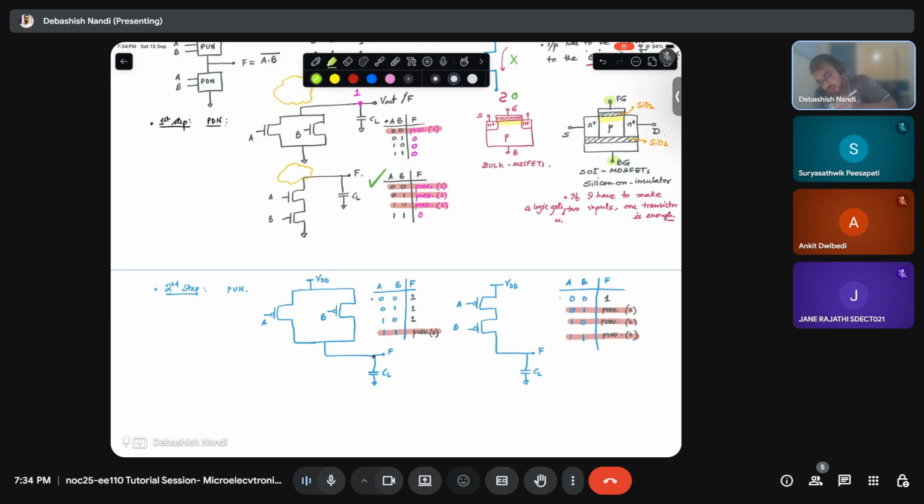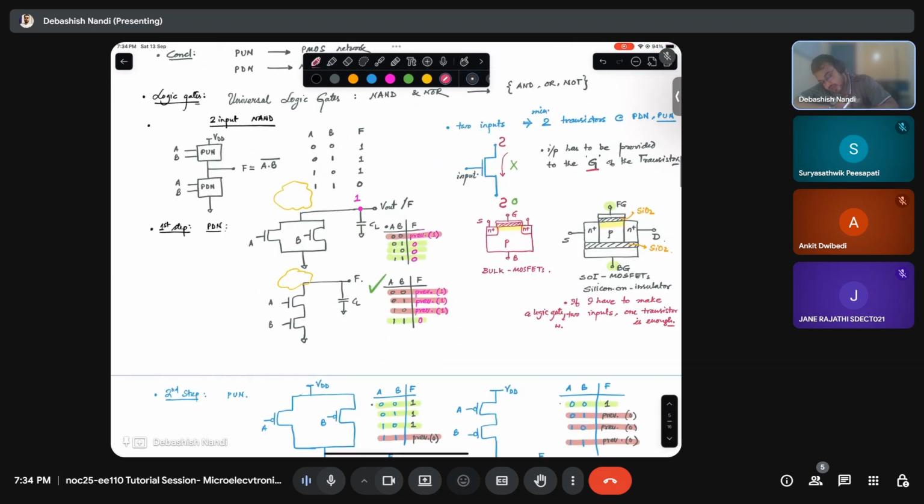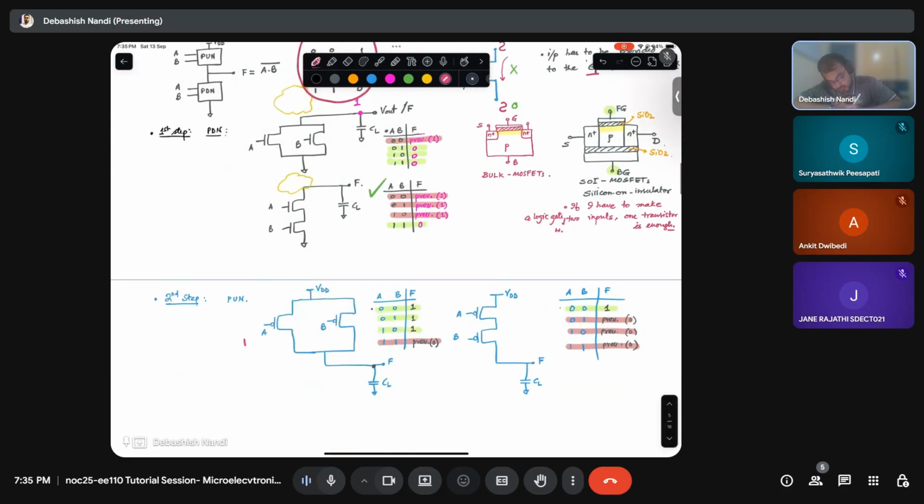And in these cases, my pull up or pull down networks are conducting. So can you see from these tables that whenever my pull up network is on, for example, let's say, oh, by the way, for a two-input NAND gate, what should I consider? So this is my truth table of the NAND gate, right? So I should consider this one for the two-input NAND gate.